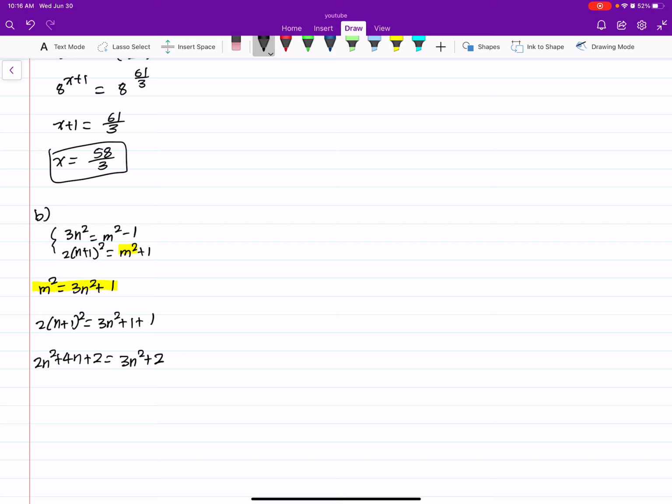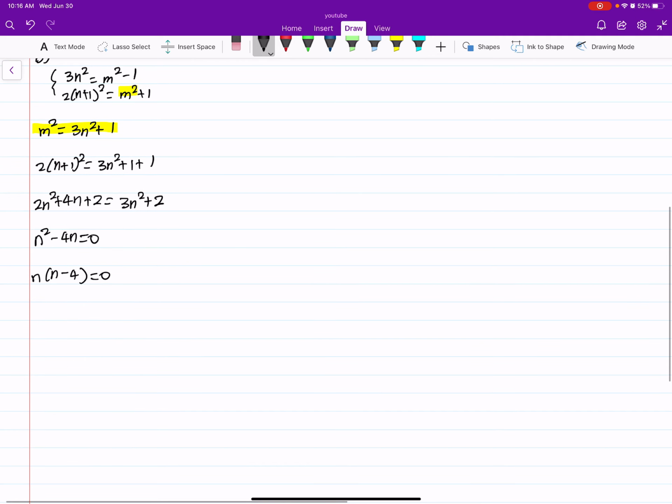We can simplify that to n squared minus 4n is equal to 0. Factoring that, we have n times n minus 4 is equal to 0. So n is equal to 0 and 4.